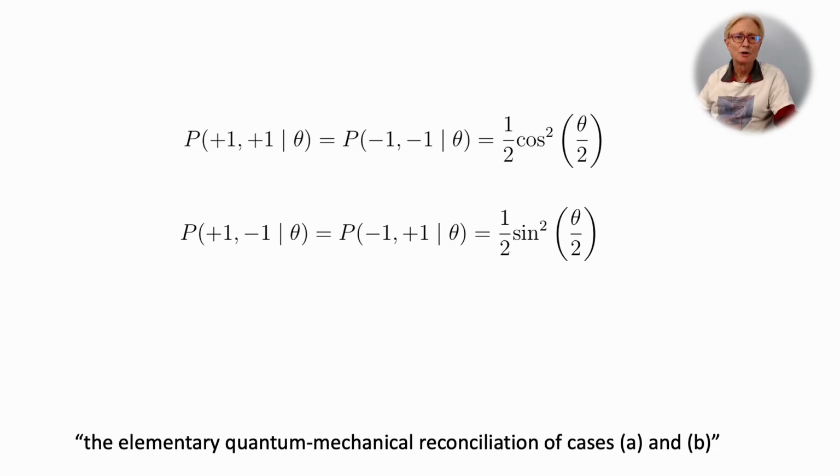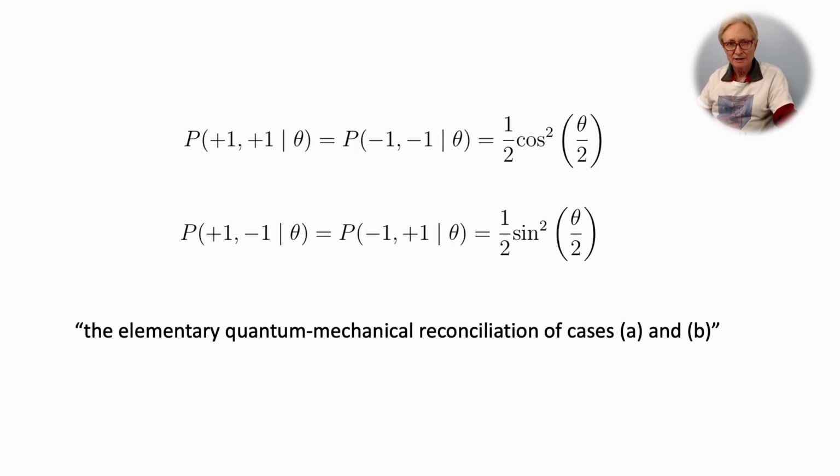This is what Mermin called the elementary quantum mechanical reconciliation of cases A and B necessary to solve the mystery of quantum entanglement as depicted with the Mermin device. Mermin's challenge is to derive these for the general reader without invoking spooky actions at a distance, or causes from the future, or conspiratorial control of measurement settings.